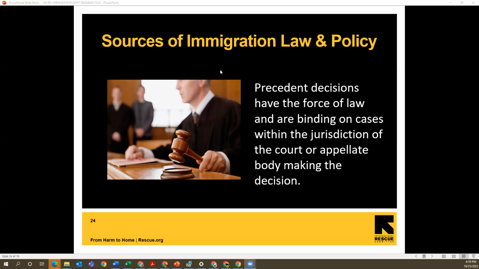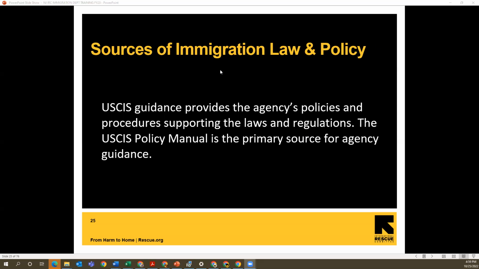And if there is any vagueness in the statute or the regulations, the court steps in to interpret. So precedent decisions have the force of law and are binding on cases within the jurisdiction of that court or the appellate body making the decision. USCIS guidance provides the agency's policies and procedures supporting those laws and regulations.